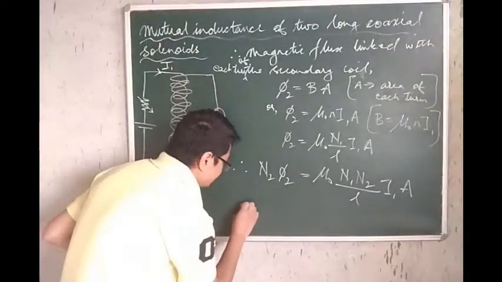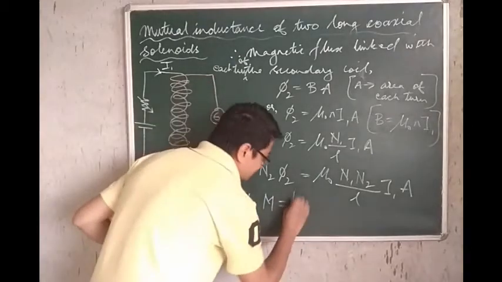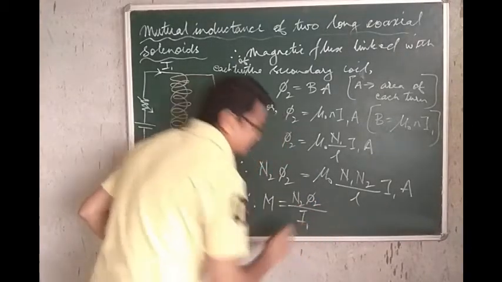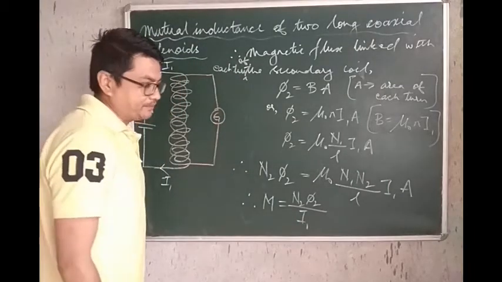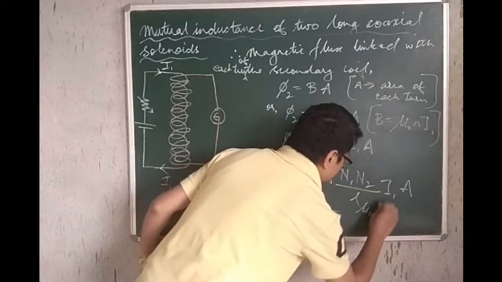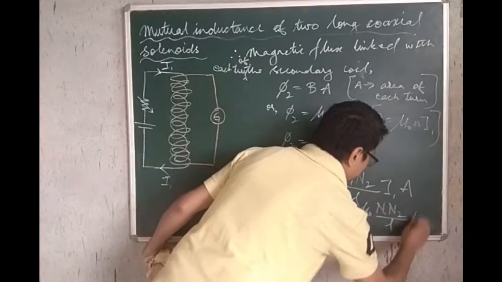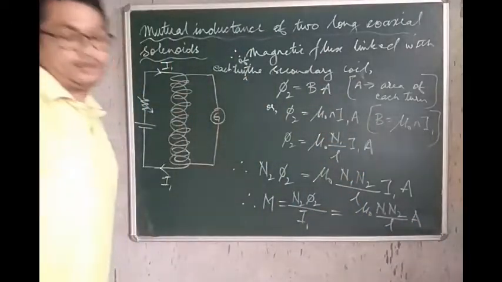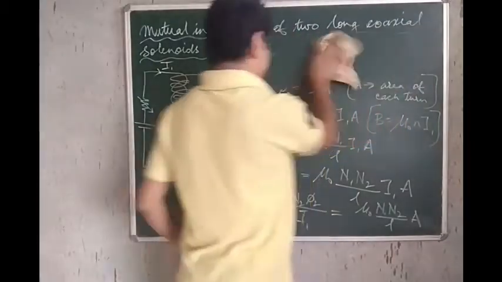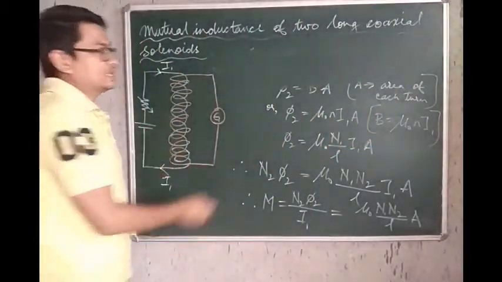Alright, so therefore, what is mutual inductance? Mutual inductance is, according to definition, N2 phi 2 divided by the current flowing through the primary. Okay, so this comes out to be therefore mu naught N1 N2 by L into A. So this is the expression for mutual inductance for this pair of solenoids.